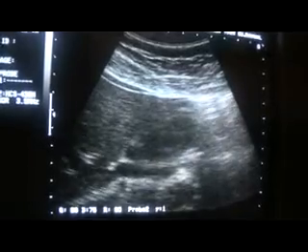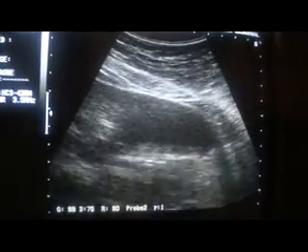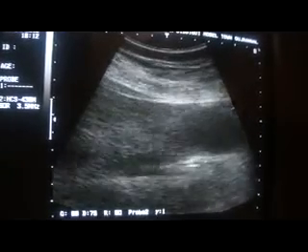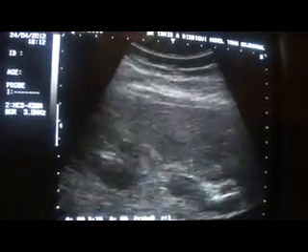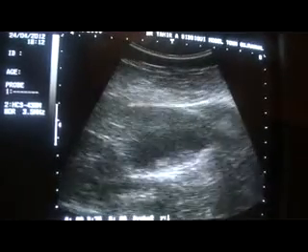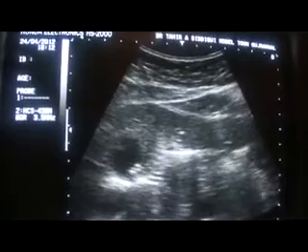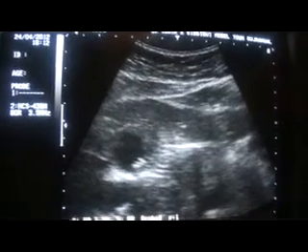You can see the posterior comet tail artifact in this view. So there are one or two.